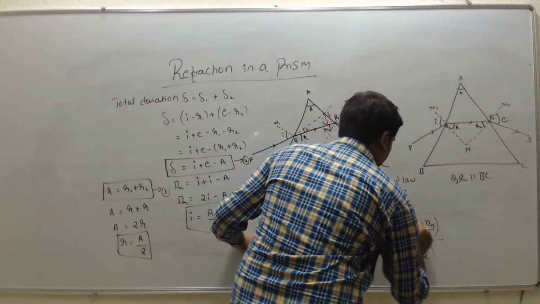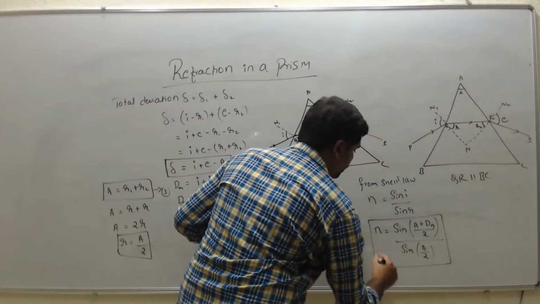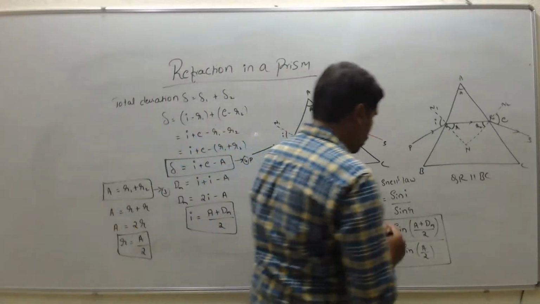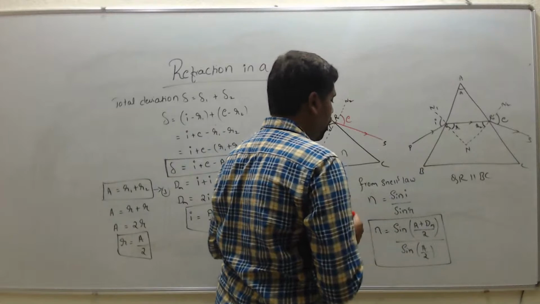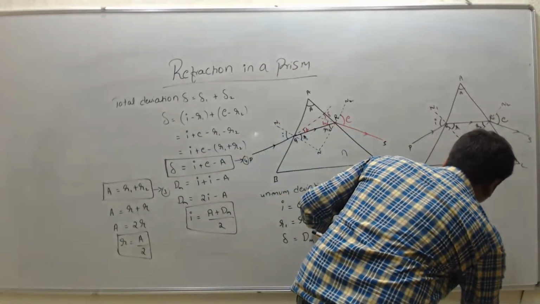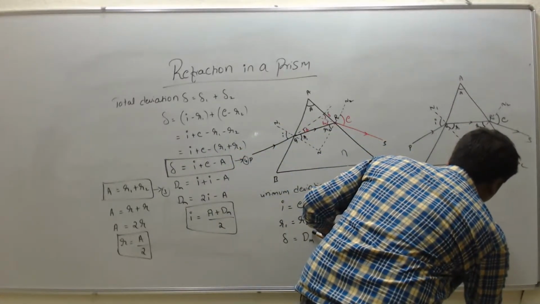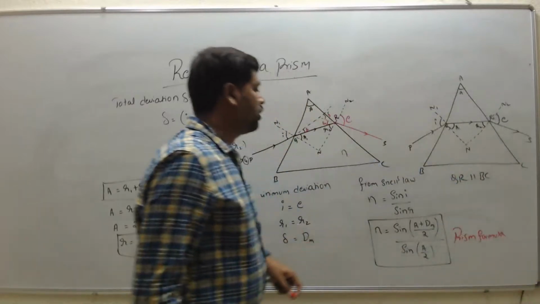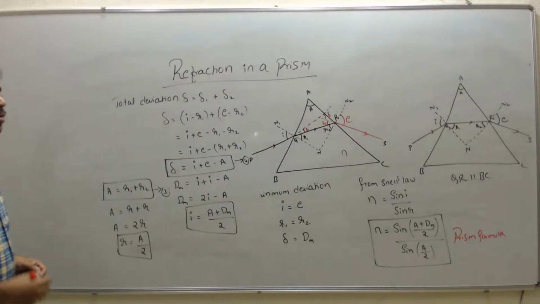So this is the refractive index of the prism. So this formula we call as prism formula.